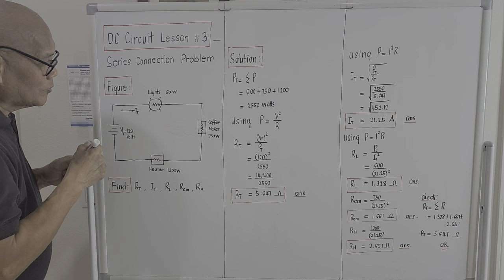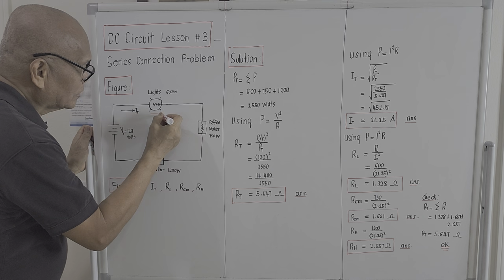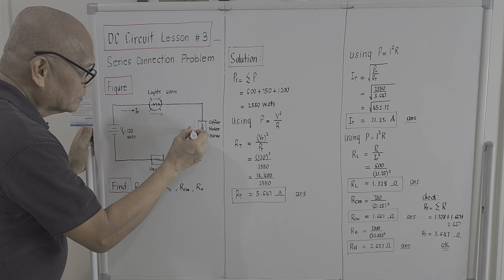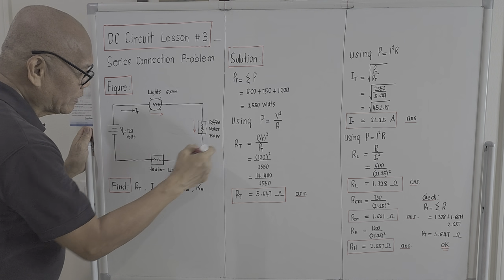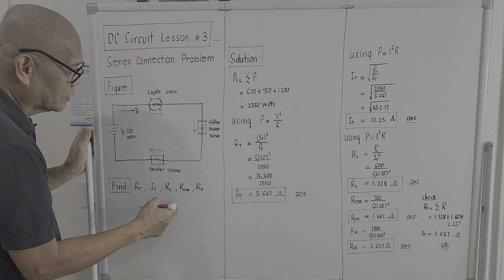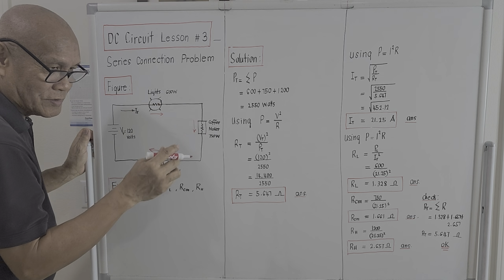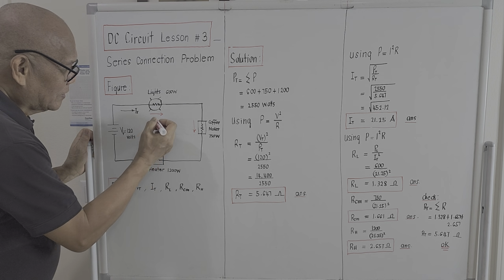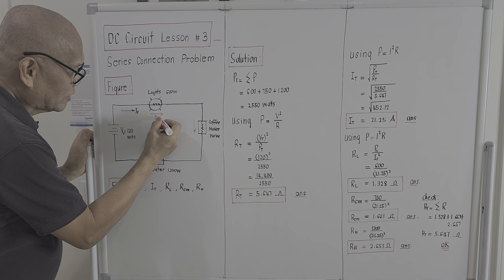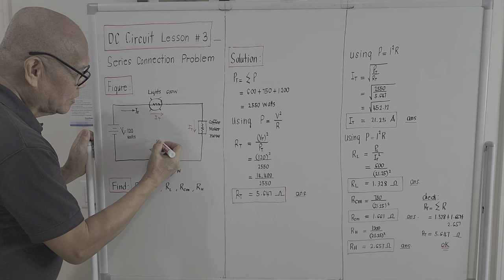It should be a common current because there is a current passing through the lights, there is a current passing through the coffee maker, there is a current passing through the heater. And since the connection is a series, this should be the same as I total.